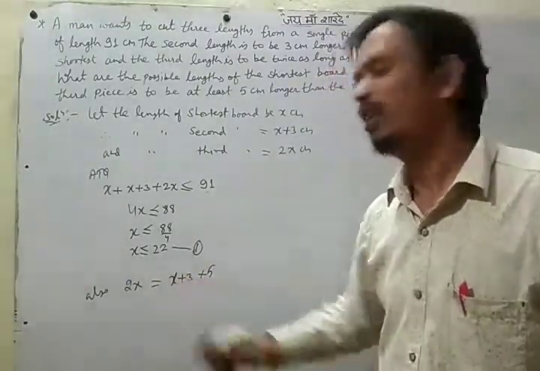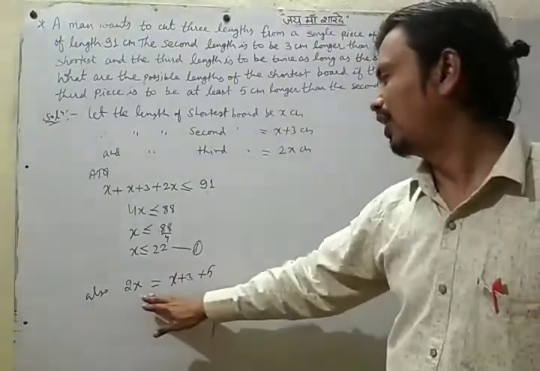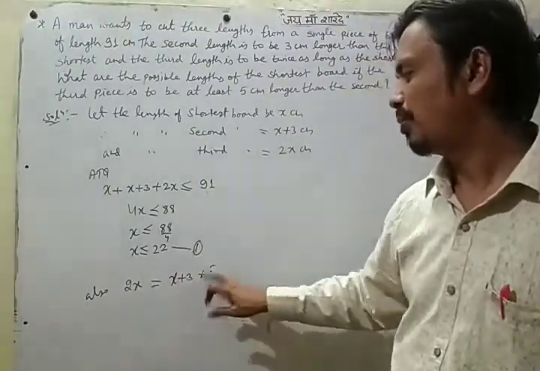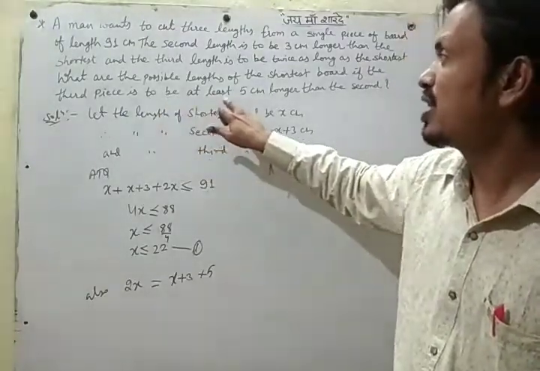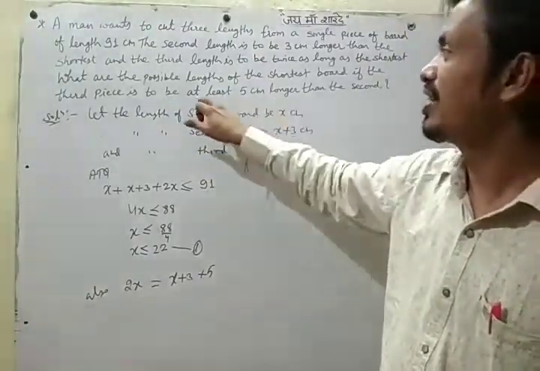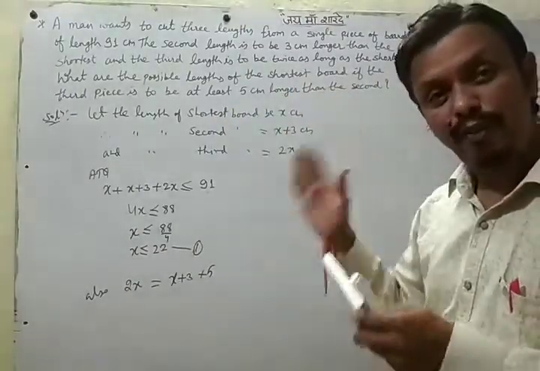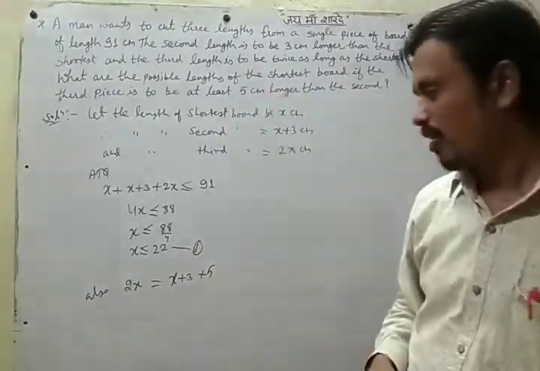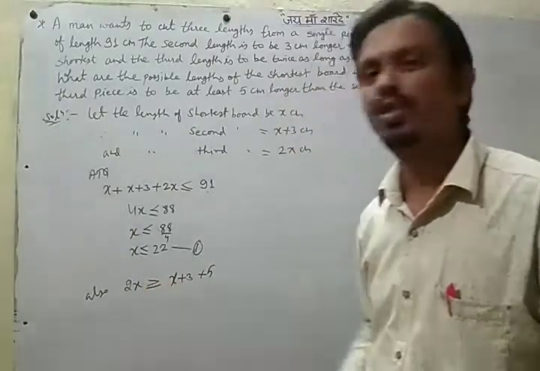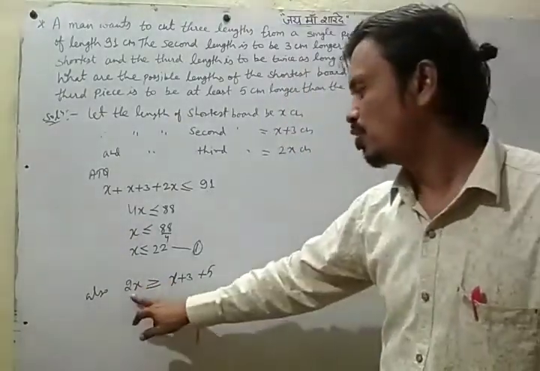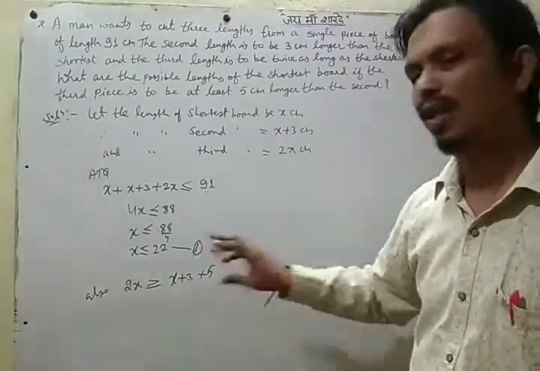So in that case the equation will be: 2x is equal to x plus 3 plus 5. But here it is given the third piece is at least 5 centimeter longer. At least, it can be 5 or maybe more than 5. So here the sign will be more than or equal to. So the third piece 2x is more than or equal to x plus 3 plus 5.